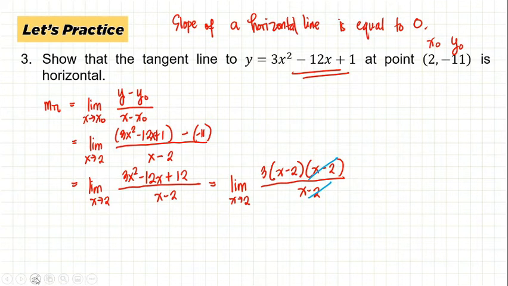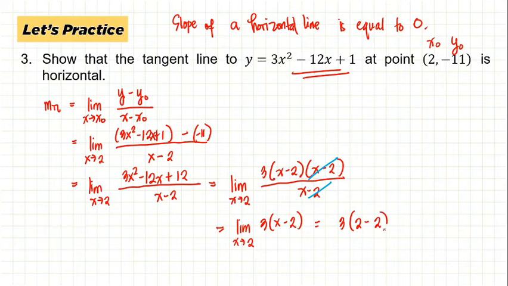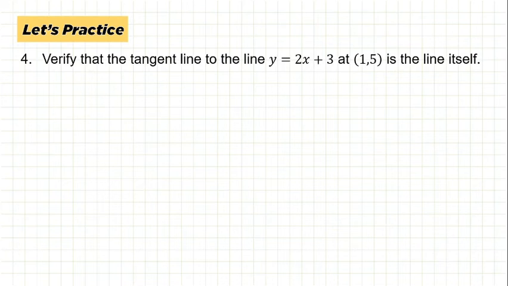What's left now is the limit of 3 times x minus 2 as x approaches 2. So we can do direct substitution. That will be 3 times the quantity 2 minus 2, and this is equal to 0. Since we have shown that the slope of the tangent line is equal to 0, then the tangent line is horizontal. Okay?